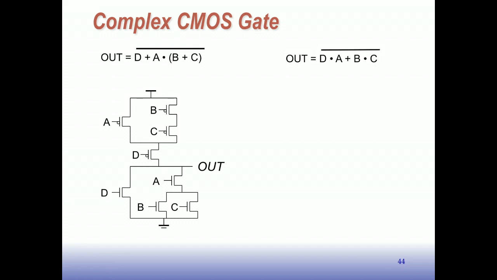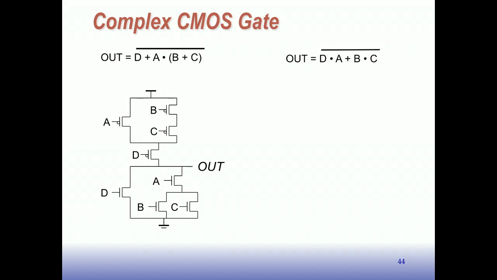So here's another one. I'll just show you this one on the board. So we have D. We've got an OR here, so we have a parallel connection of two series subcircuits.